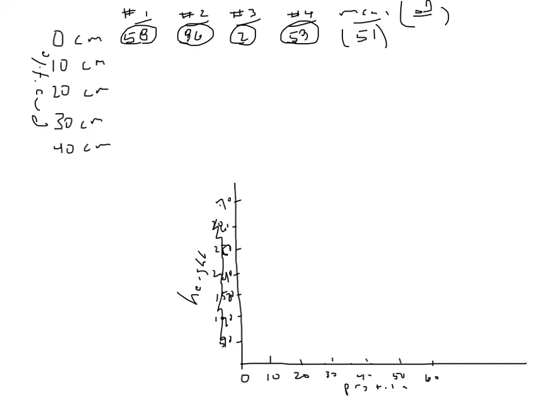And then the average for the 0 centimeters is at 51. I haven't calculated the averages for the others, but let's say the next one has an average of 45, and then there's an average of 18, and then an average of 15.